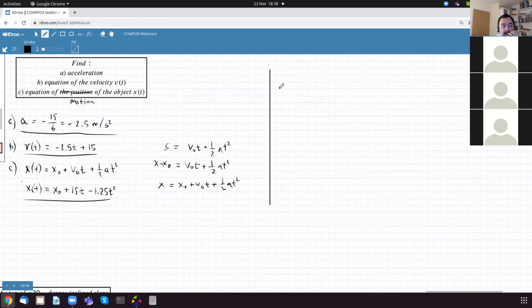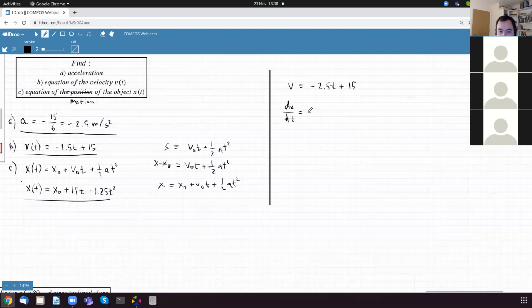We can do it like this. So we write down v is equal to minus 2.5 t plus 15. Yeah, absolutely. And we know that velocity is the derivative of x. So dx dt.